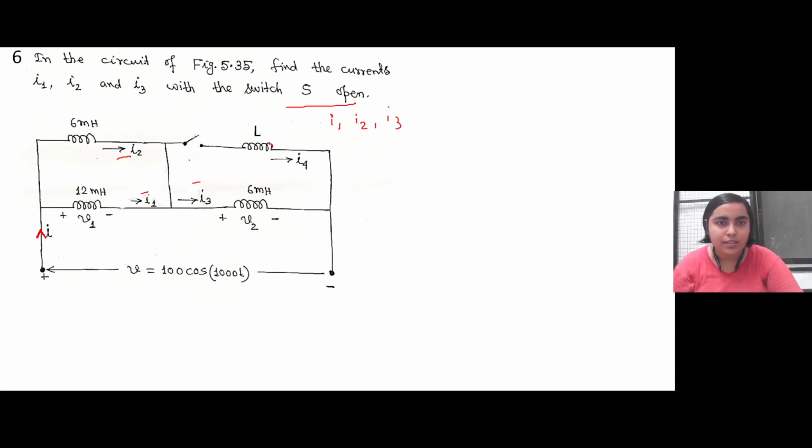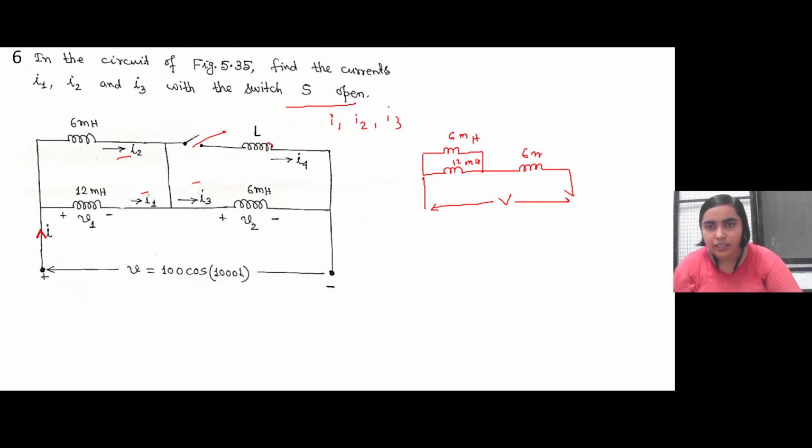Since this switch is open, the circuit is actually like this. So there is V connected across this. This is 6 millihenry. This is 12 millihenry. And this is another 6 millihenry.